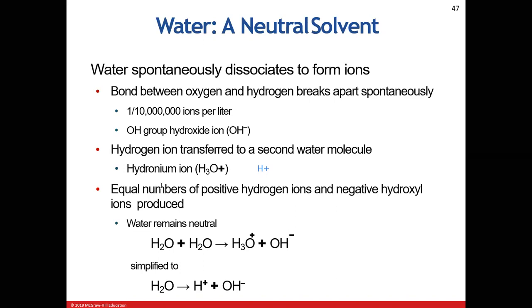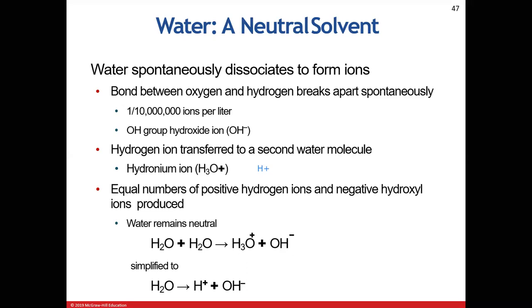We're typically going to see, when water reacts with water, equal numbers of positive hydrogen ions and negative hydroxyl ions produced. And so what that means is that when water reacts with water and it dissociates, we're always going to see one ion of H3O plus and one ion of OH minus.